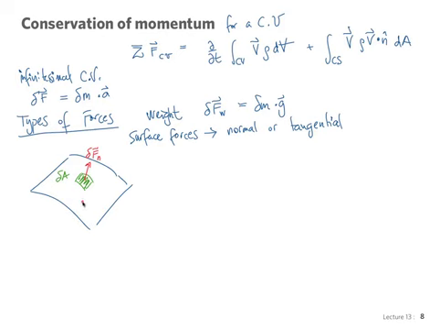We have then perhaps two components of tangential forces. Let's call them dF1 and dF2, which are the two tangential forces in two orthogonal directions. So dFn is the normal force to the area. dF1 and dF2 are forces parallel to the area but orthogonal to each other. That's all that we have.